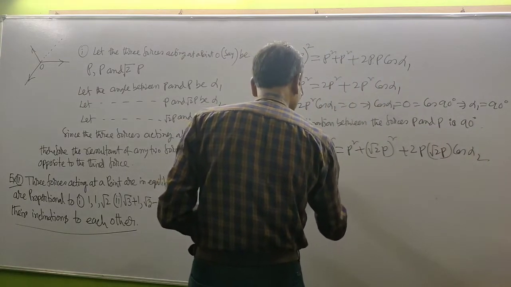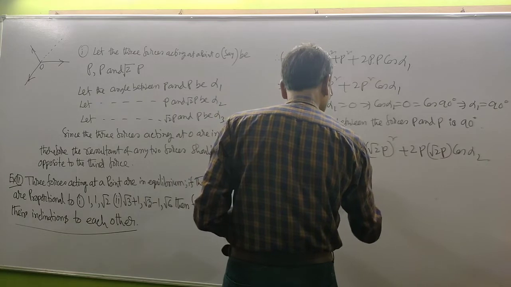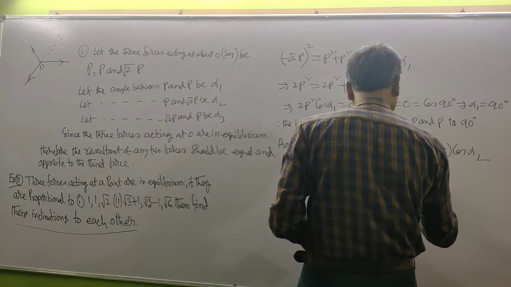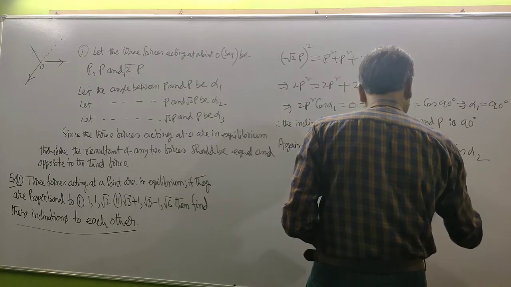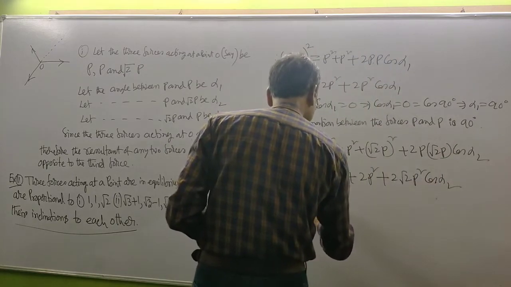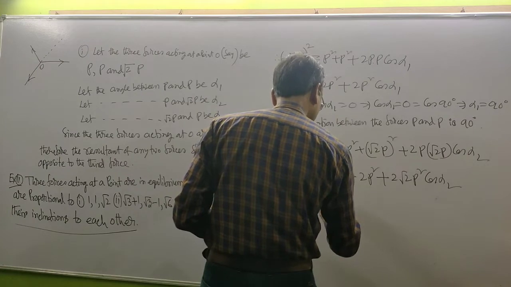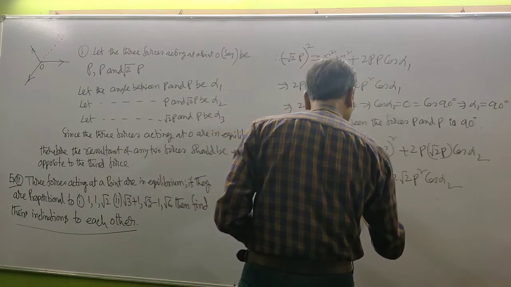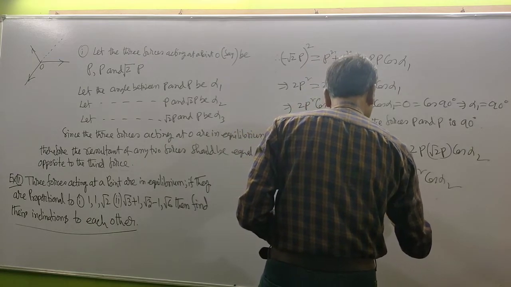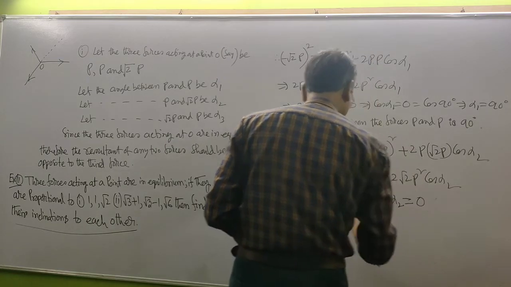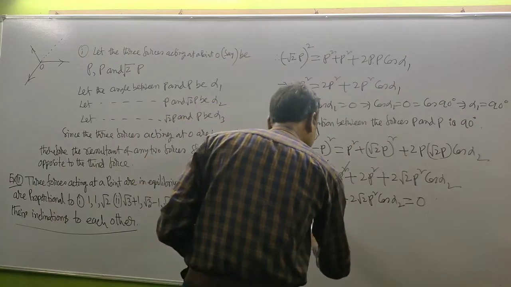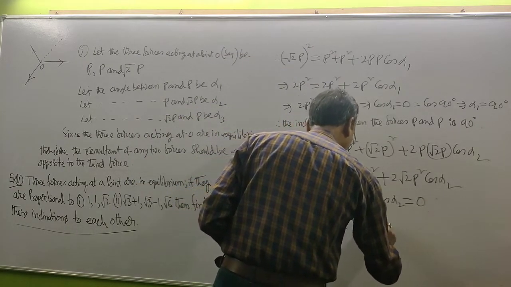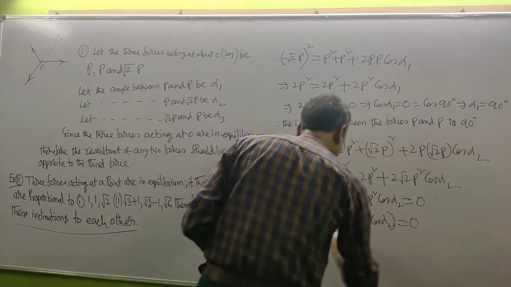This means P square equal to P square plus twice P square plus 2 root 2 P square cos alpha 2. This means twice P square plus 2 root 2 P square cos alpha 2 equal to 0. This P square will be cancelled. This means twice P square, 1 plus root 2 cos alpha 2 should be equal to 0.